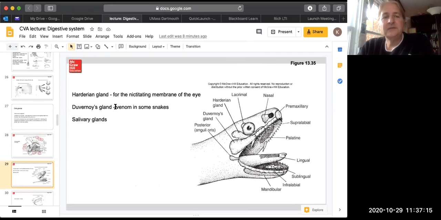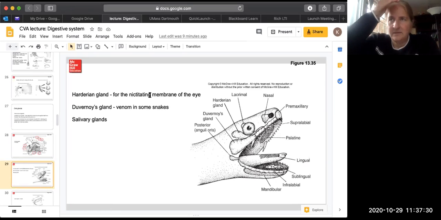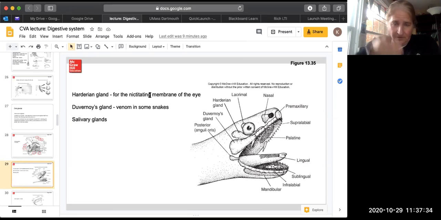There are a couple of special glands in snakes called Harderian glands, which lubricate the nictitating membrane of the eye, meaning there's a membrane that covers the eye, like a third membrane.